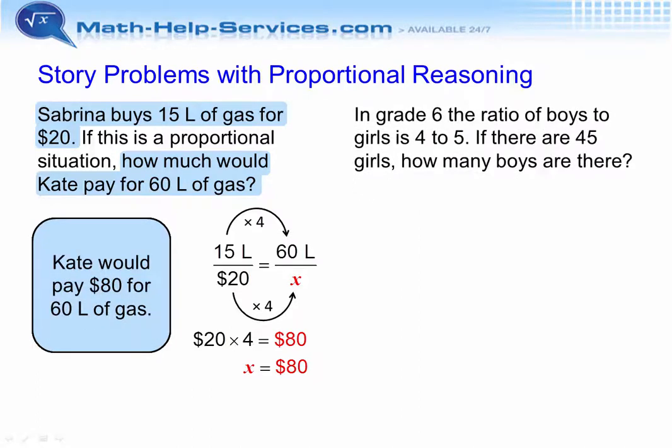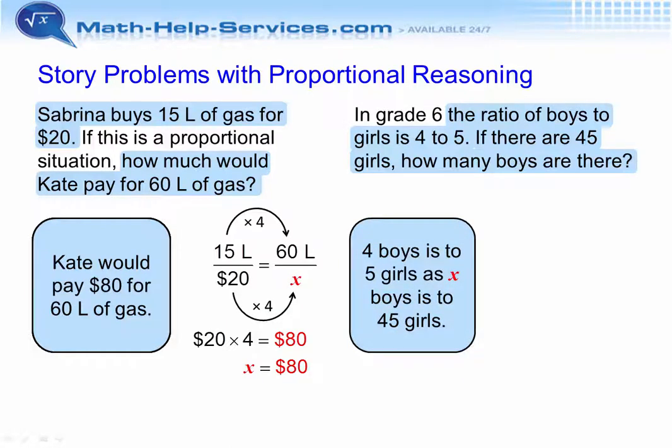In grade 6, the ratio of boys to girls is 4 to 5. If there are 45 girls, how many boys are there? Well, we know the ratio of boys to girls is 4 to 5. We want to know how many boys there are if there are 45 girls. 4 boys is to 5 girls as X boys is to 45 girls.